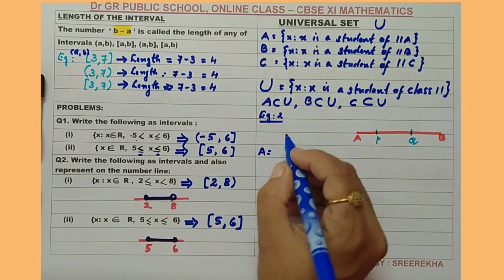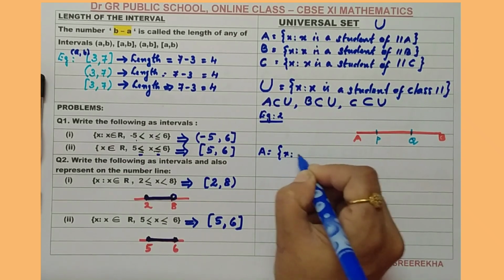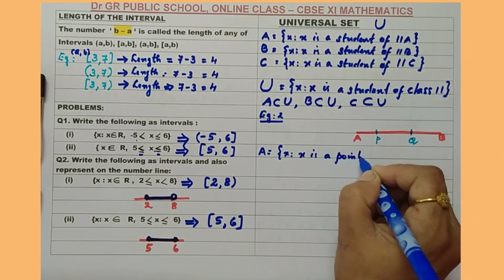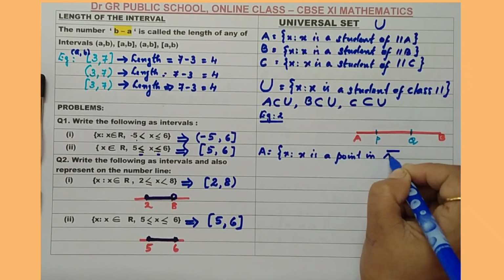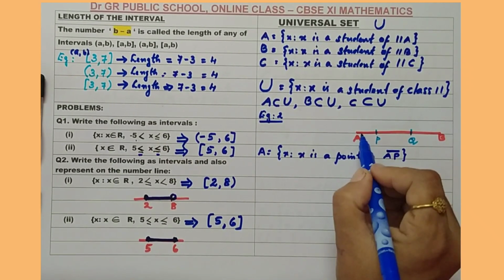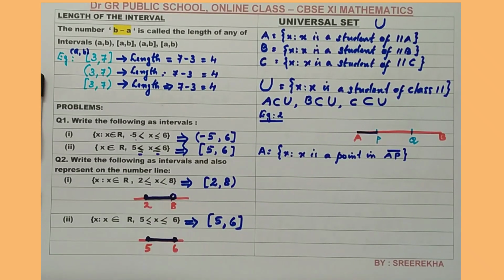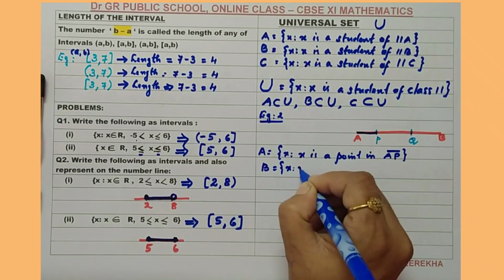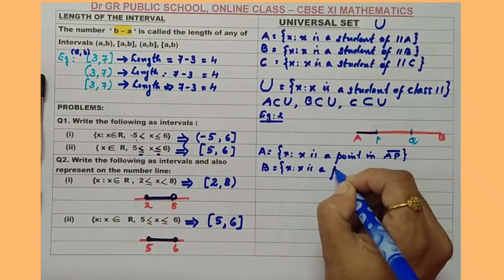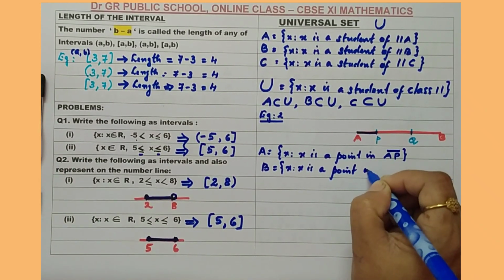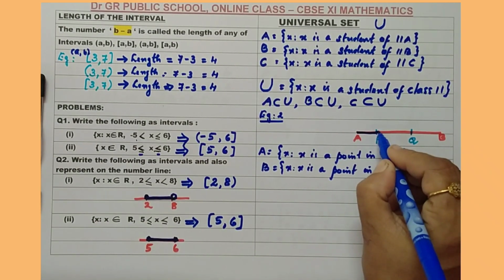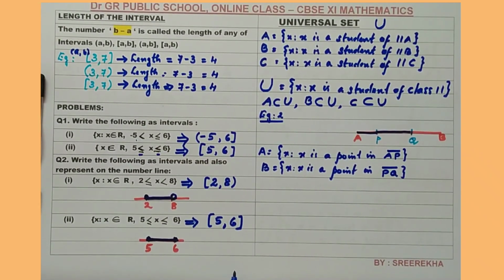One is set A. Set A equals the set of all x such that x is a point in the line segment AP. And another set B as the set of all x such that x is a point in the line segment PQ. That is, this much elements represent the set B.